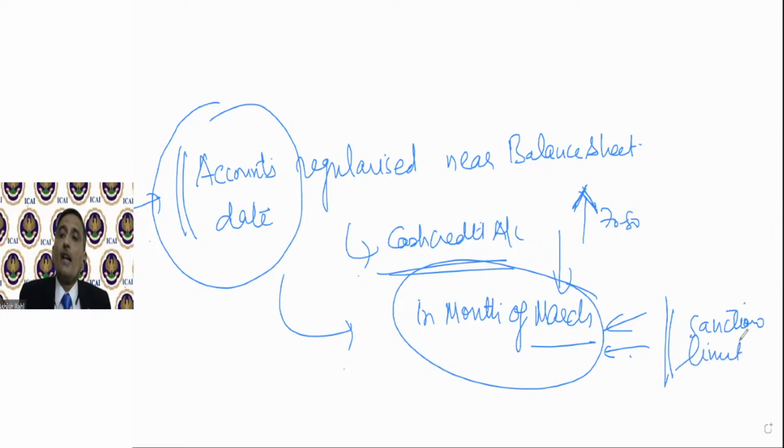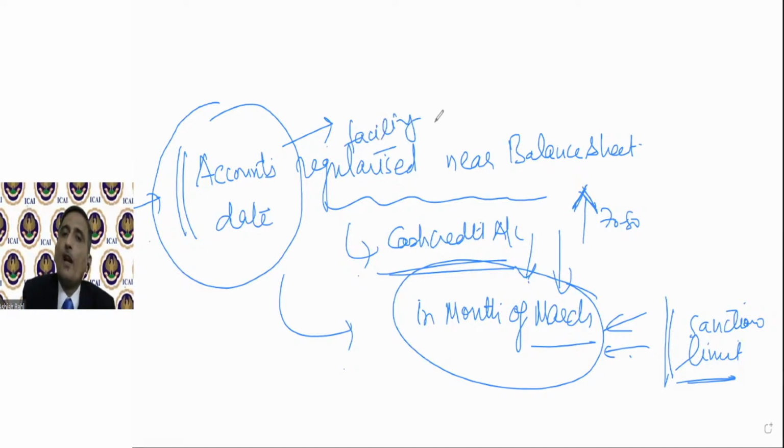So the auditor has to see accounts which are regularized near the balance sheet date with a little bit of a pinch of salt. He has to critically examine कि कभी ऐसा तो नहीं कि ये अकाउंट कैश क्रेडिट अकाउंट में जो क्रेडिट आ गया है वो इसके नाम से कोई बैंक मैनेजर ने कोई और फैसिलिटी क्रिएट कर दी हो, किसी और अकाउंट बना के उसमें लोन दे दिया हो और यहां पे एडजस्टमेंट हो गई हो.